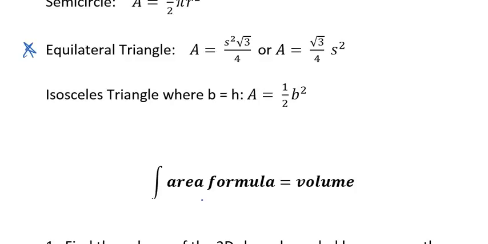Okay, the basic idea here is that we are going to slice a 3D object, and the slices would be thin and wouldn't have any thickness, but we would calculate those areas, and then we would add those up, and the adding up is where the integral comes in.